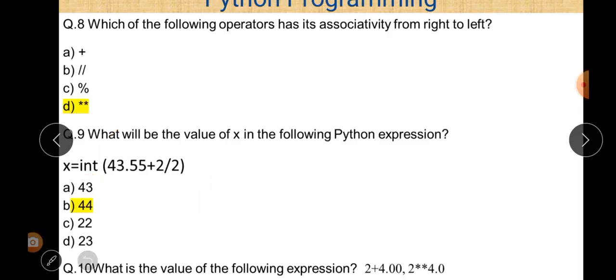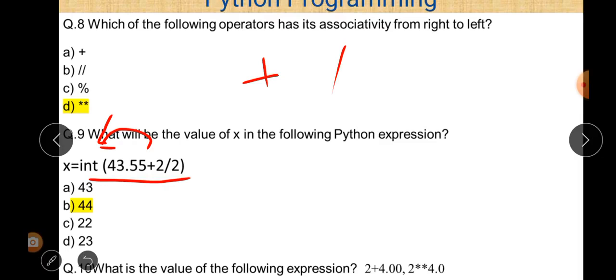So you can see on the screen that the question is x, and there is an assignment operator there, and the value that is assigned is 43.55 plus 2 slash 2, and then after there is a type conversion into int, and whatever we get, that is our answer. So plus and slash, two operators are there. Obviously the division operator has higher priority as compared to plus.